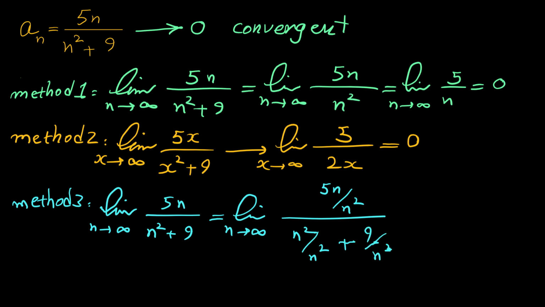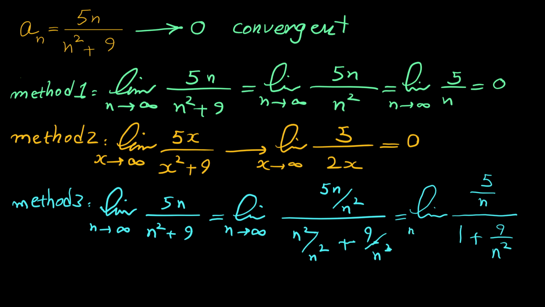Like this. Now we start simplifying these expressions if it is possible. In numerator we have 5n over n to the 2. So if we simplify that, we have 5 over n. In denominator, n to the 2 over n to the 2 is 1, plus 9 over n to the 2. We cannot do anything with that.